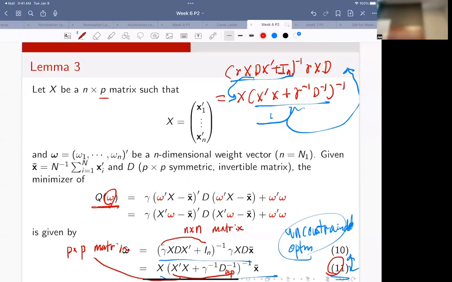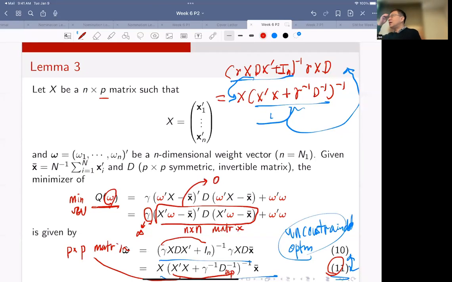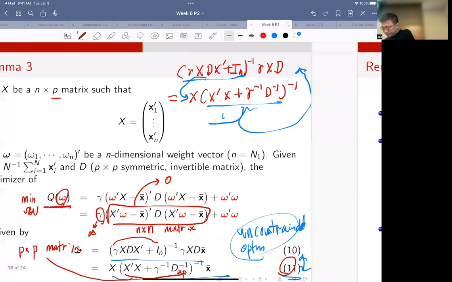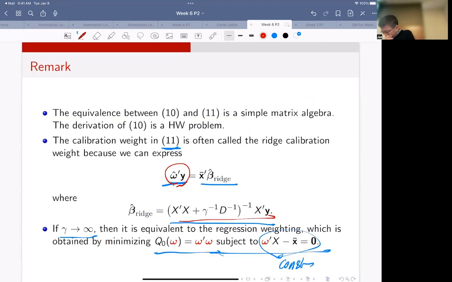That means you should make this one 0, right? We want to find the minimizer of omega, and we know that gamma is infinity. That means this one must be 0. Okay, right? So that means you can actually solve constrained optimization using unconstrained optimization if you use this trick. So that's one interesting thing.